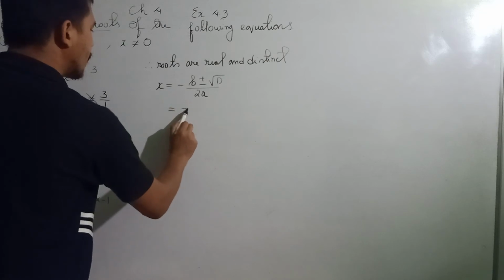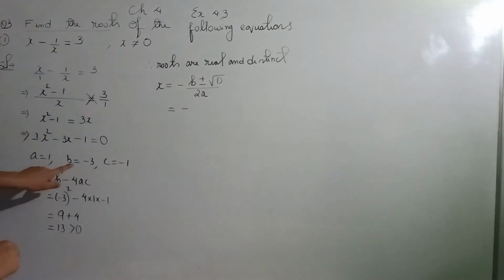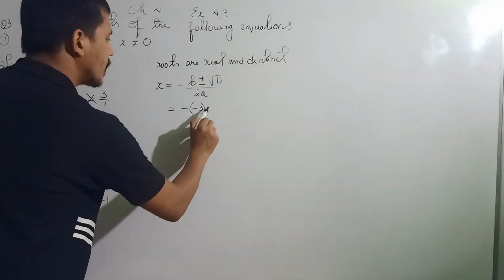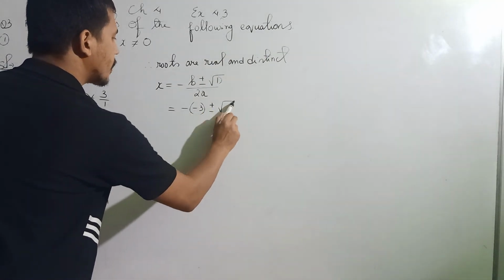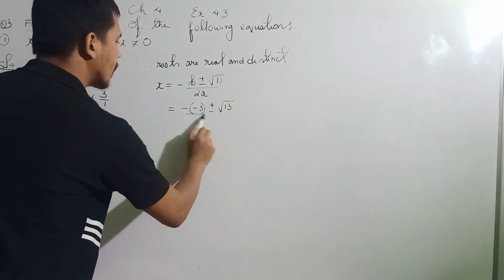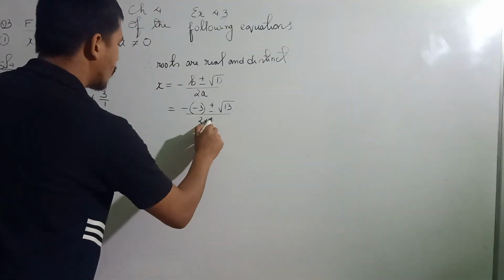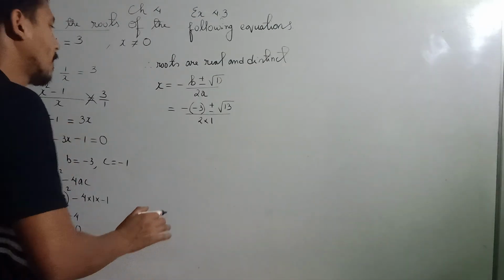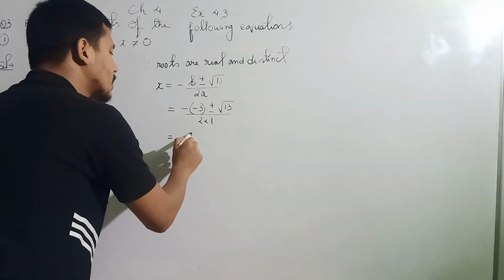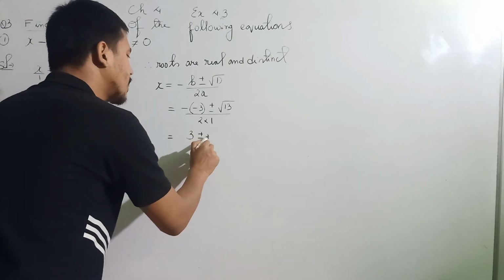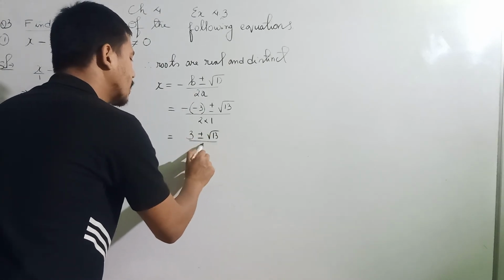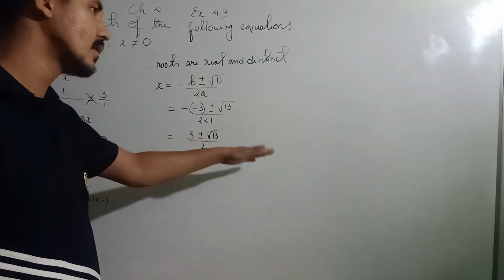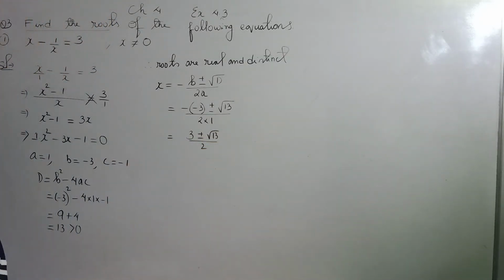From the formula, your b is minus 3, so I'm going to use a bracket and write minus 3, plus minus square root of d, which is 13, upon twice into a, and a is 1. Minus minus plus, we have 3 plus minus square root of 13 upon 2. Square root of 13 is irrational, so we cannot express it in simpler terms.